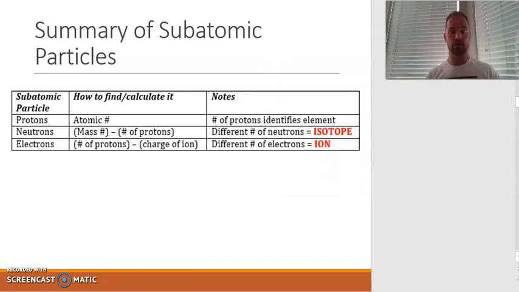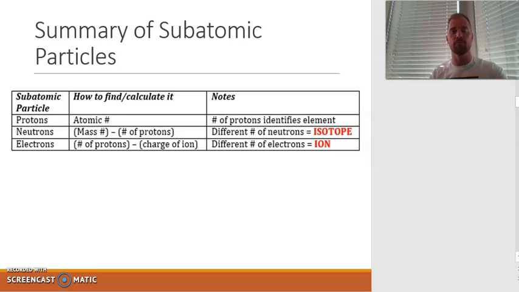So in summary, let's talk about what we've learned about our 3 subatomic particles with regards to how to calculate how many there are. The number of protons is equal to the atomic number, and the number of protons identifies the element. To calculate neutrons, take your mass number and subtract your number of protons.